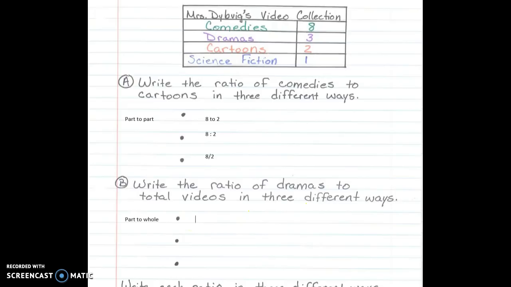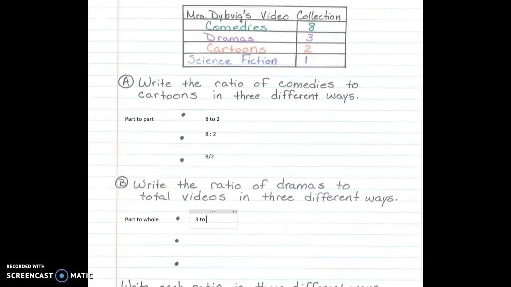Well, our part is dramas, and we have 3 dramas, and that is compared to the whole. And to find the whole, we need to add up all of the videos. So I'm going to add this real quick in my head. I have 8 plus 2, which is comedies plus cartoons. 8 plus 2 is 10. 3 plus 1 is 4. 10 plus 4 is 14.